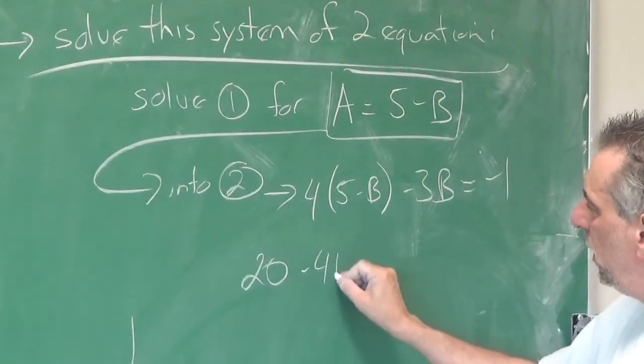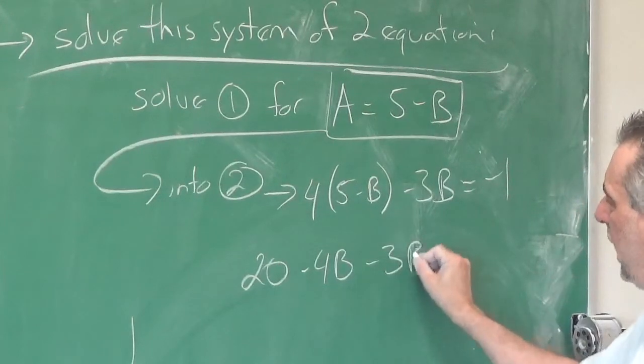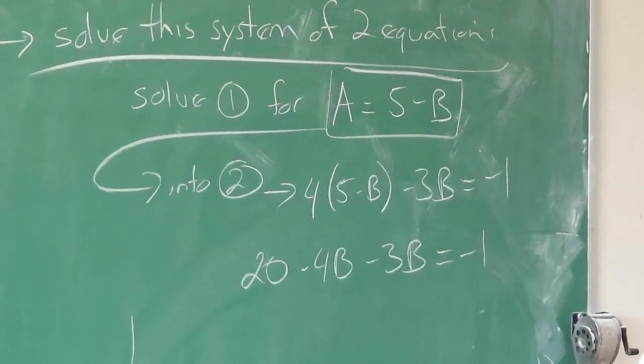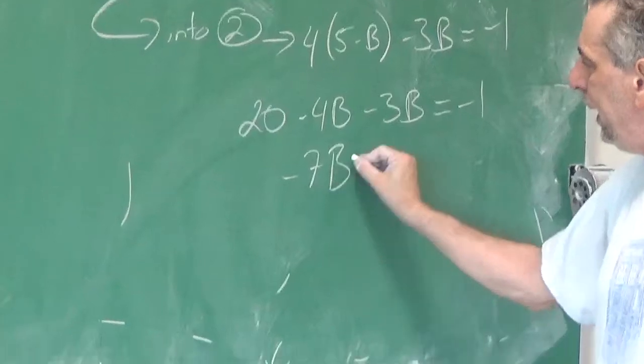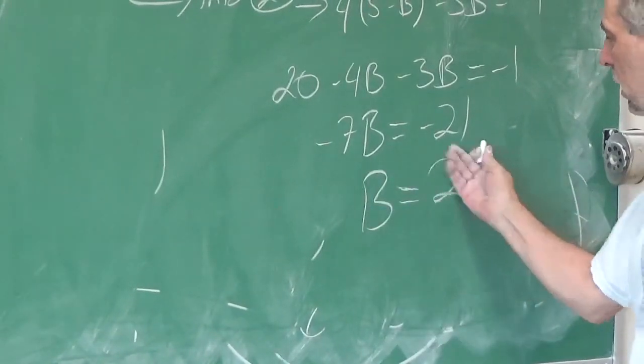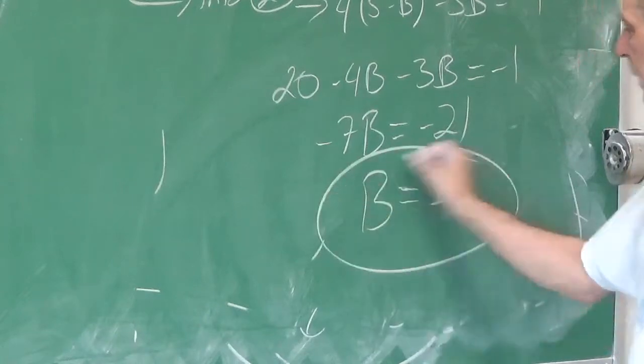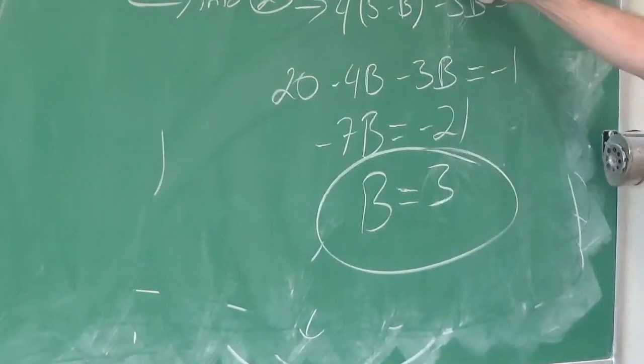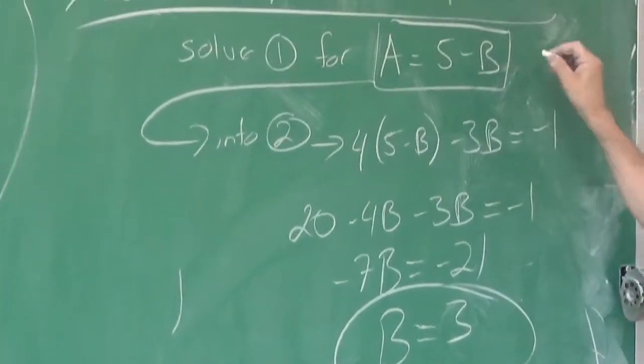20 minus 4B minus 3B. So I get -7B is -21, and B equals 3. And if B equals 3, A equals 2.